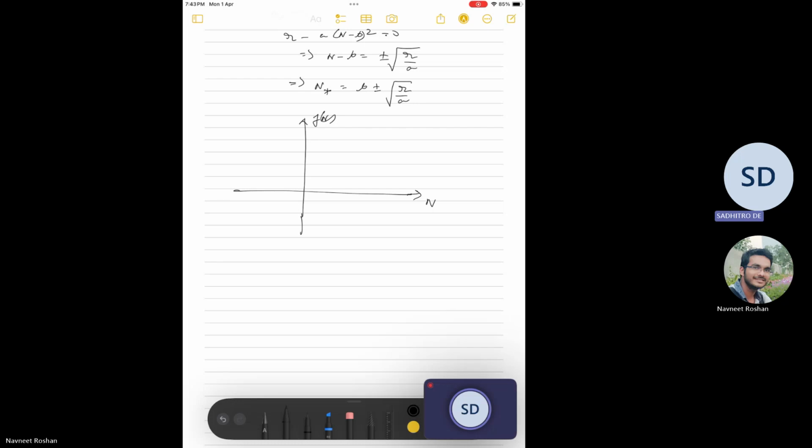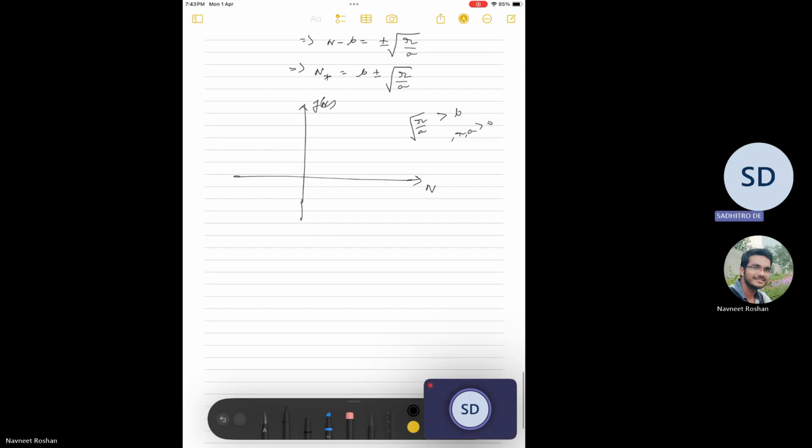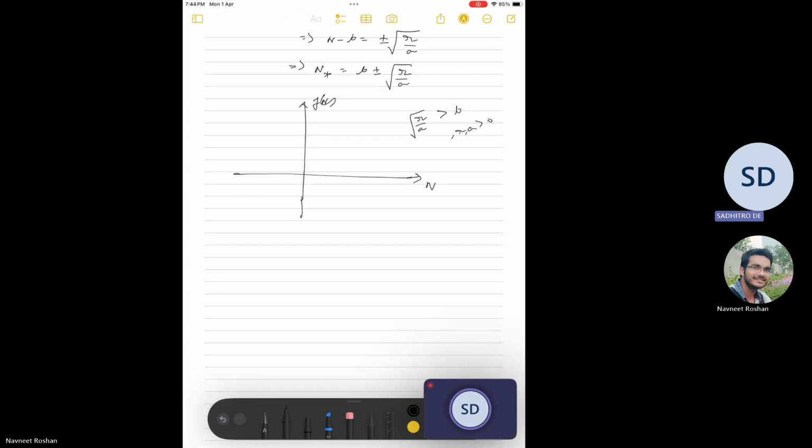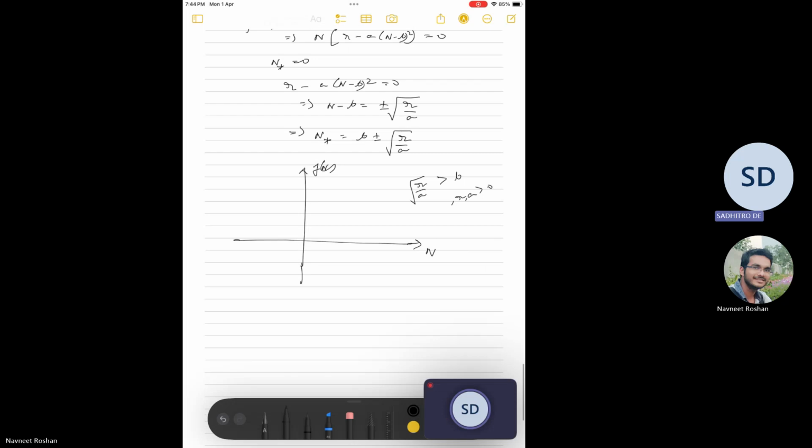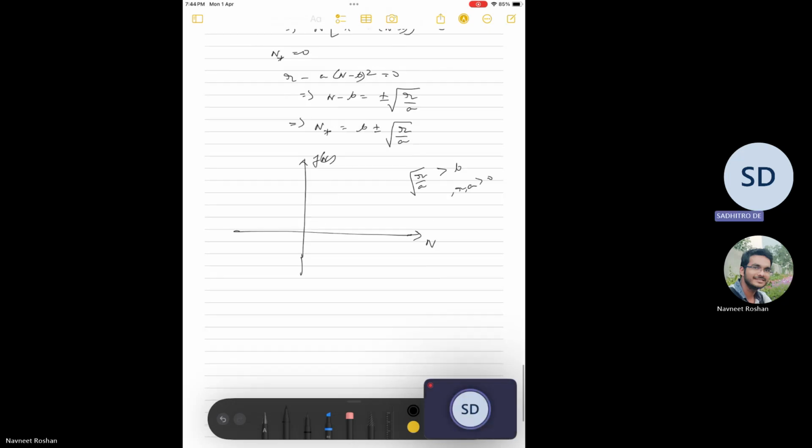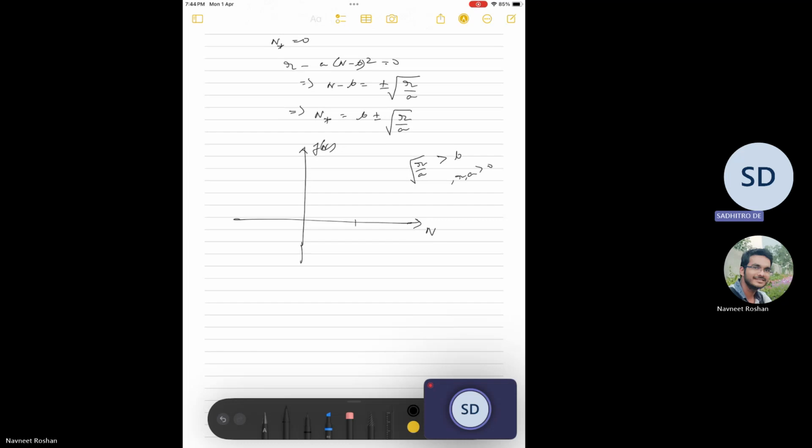Suppose we have one case where root over r by a is greater than b, and r and a are both positive. When this happens, then what we see is that there can be one fixed point over here, one fixed point at 0, and one fixed point somewhere over here at this negative value of n.